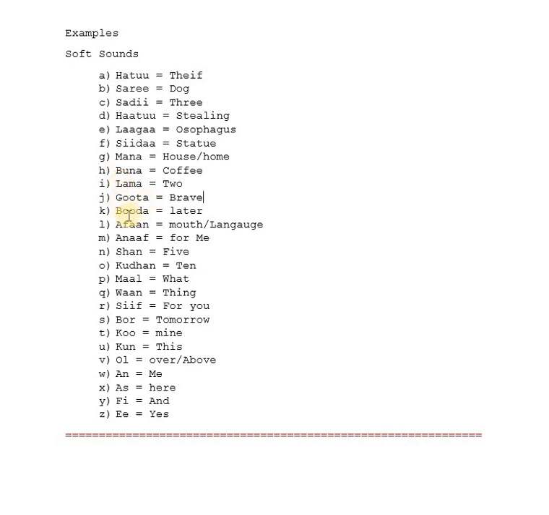Gota, boda, afaan, anaaf, shan, kudhan, maal, waan, siif, bor, koo, kun, ol, an, as, f.